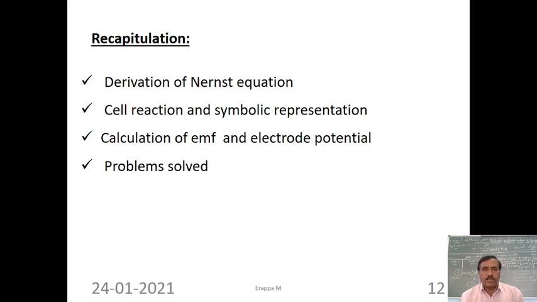The outcome and summary of this session is the derivation of the Nernst equation. Students should know how it is derived. As I explained in session number 10, derivation of the Nernst equation with the free energy concept, how to write the cell reaction and symbolic representation of the cell, and calculation of EMF, that is the equation E of right minus E of left, and what the electrode potential E and E naught, the standard electrode potential, are.